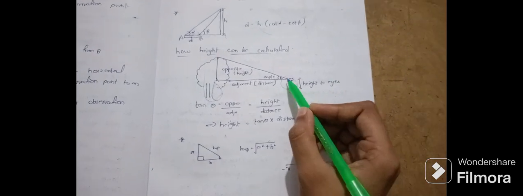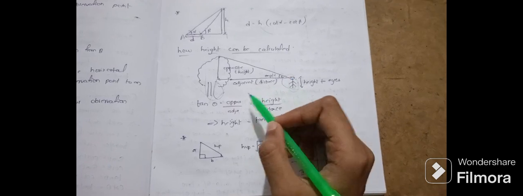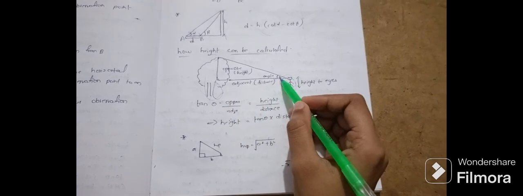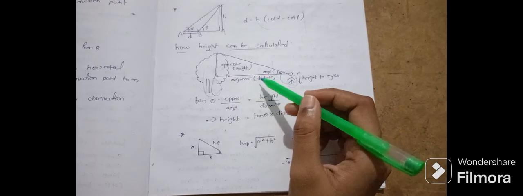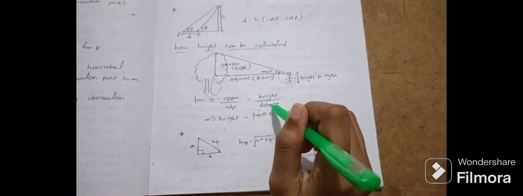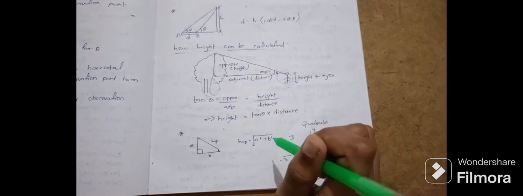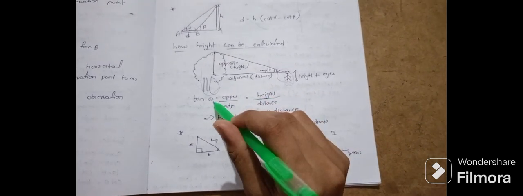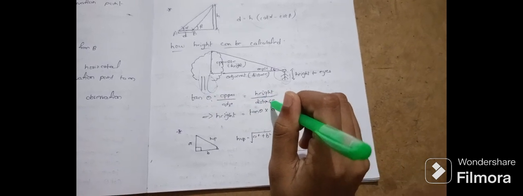Here, taking tan theta equals, what is the formula? Opposite side by adjacent side. Here the opposite side is the height and the adjacent side is the distance. In a problem, if the distance or height is mentioned, we can easily find tan theta, or if tan theta is given in the question itself, then we can easily find the height and distance.